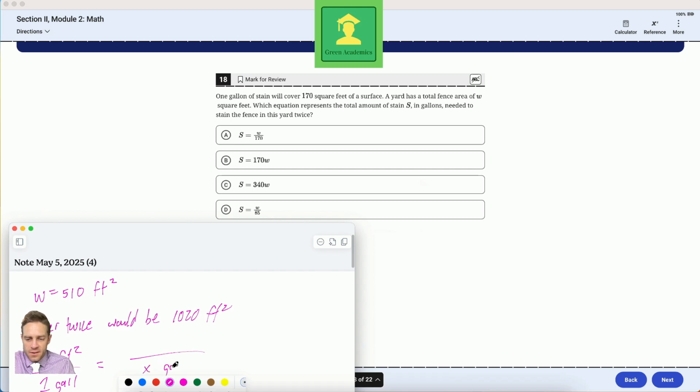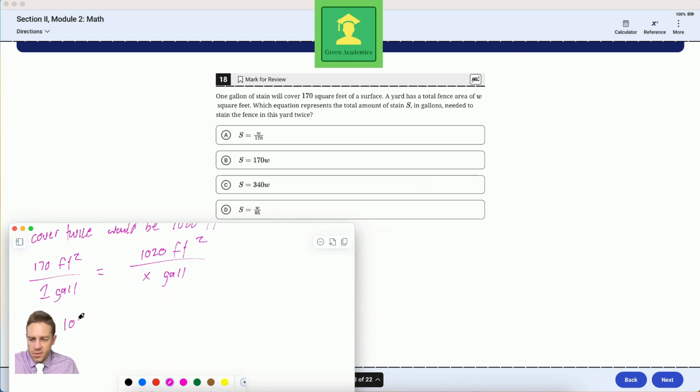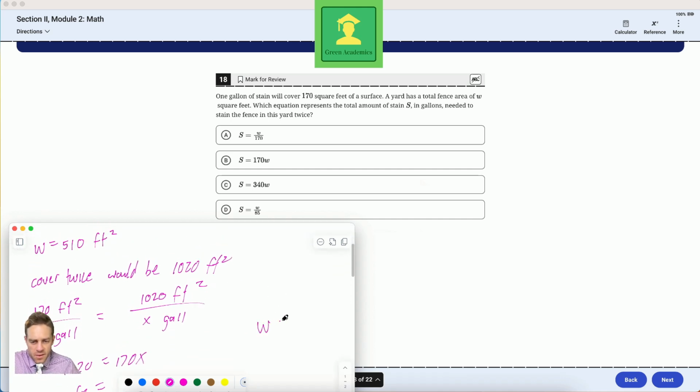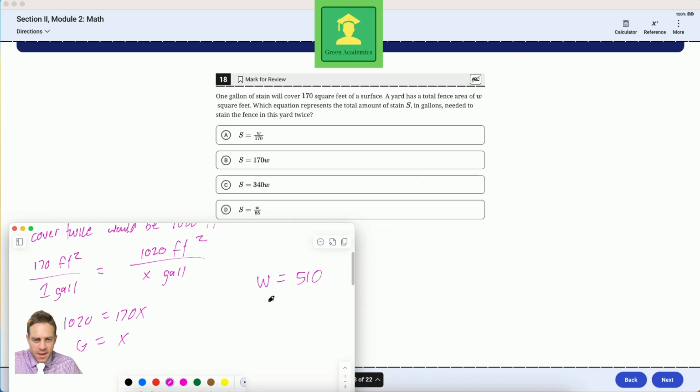So X gallons would be necessary for 1,020 square feet. And if you cross multiply, you know that you can cancel out the units and get that X is 6. So when W is 510, the actual answer is that S, I should have said S, so S is 6.